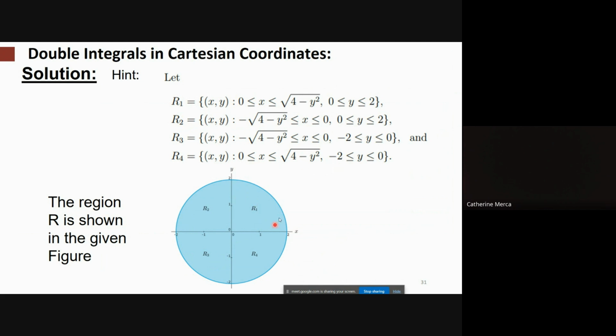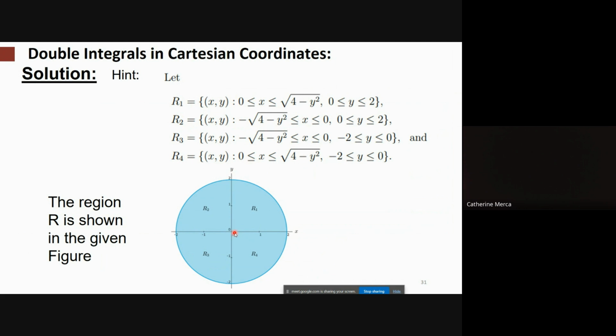Region 1: x ranges from 0 to the square root of 4 minus y squared, and y ranges from 0 to 2.